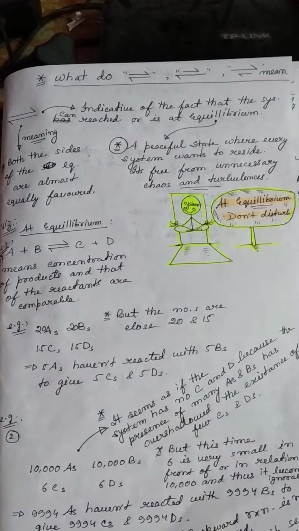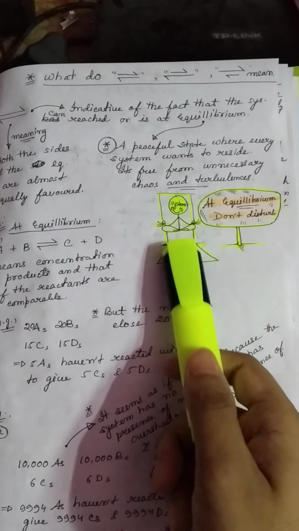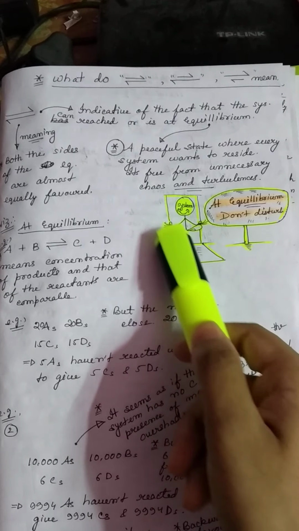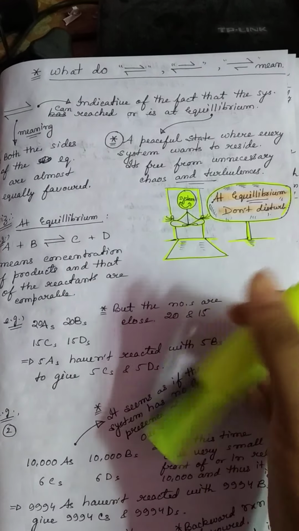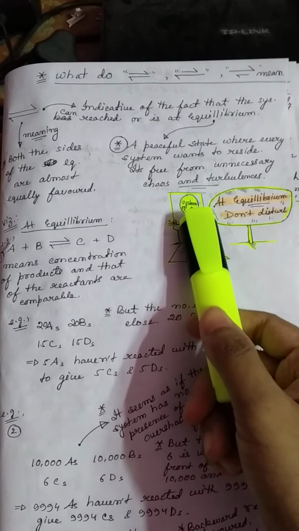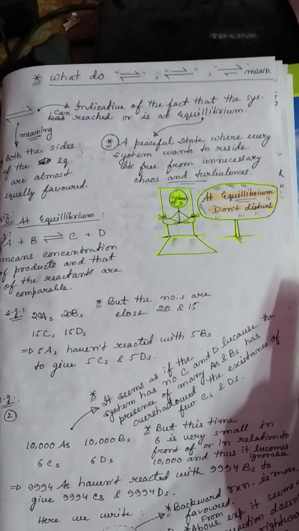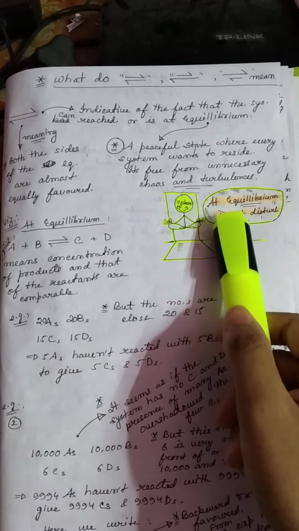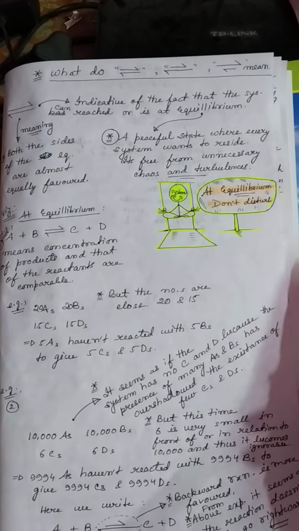It's free from unnecessary chaos and turbulences. You can see this visualization that I have drawn. So he is meditating. It's a meditating system. And this system is very happy. You can figure it out from the smiley face I have drawn. And there is a signboard where it's written, at equilibrium, do not disturb.